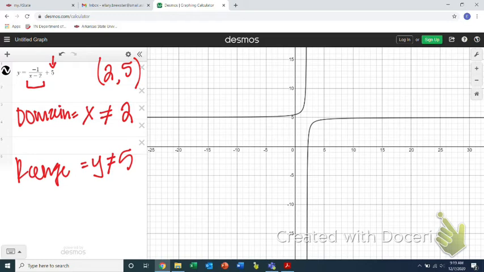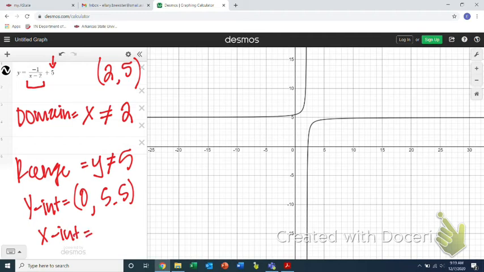So your y-intercept is about 5.5, and your x-intercept is about 2.2 maybe, roughly. Okay.